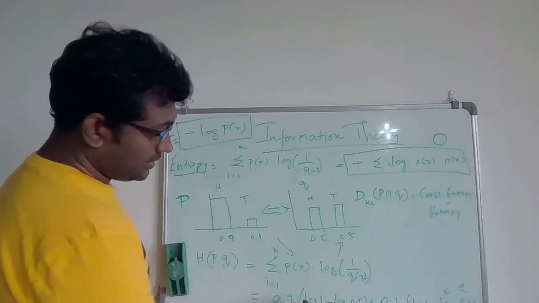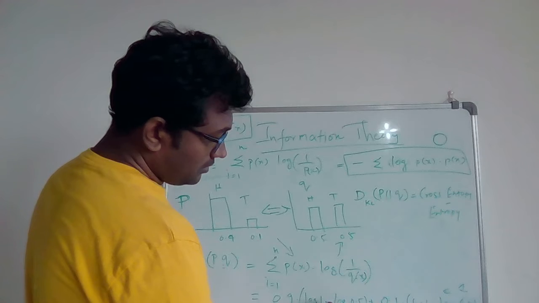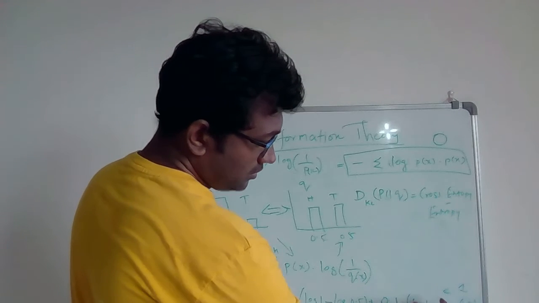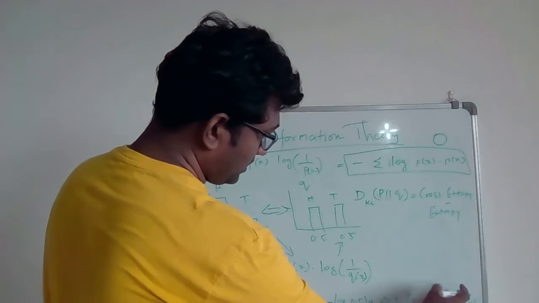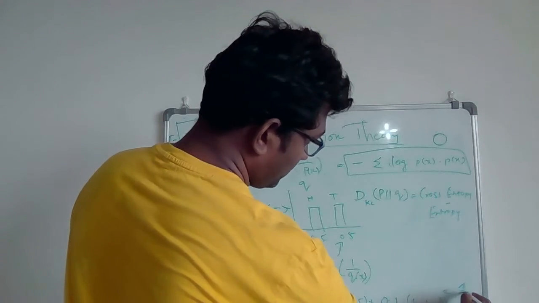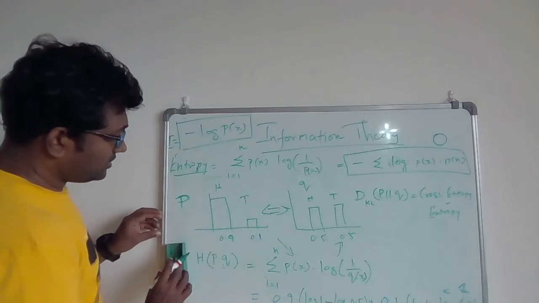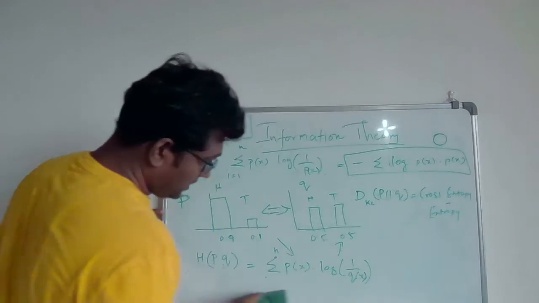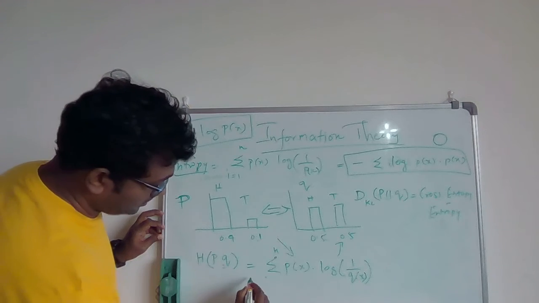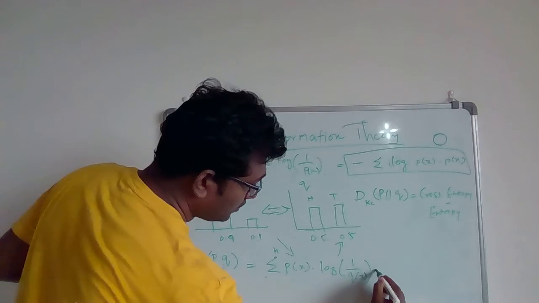So 0.9 into 1 becomes 0.9, and 0.1 into 1 becomes 0.1, and if you sum both, the cross entropy is 1. Okay, so I'm going to erase this. The cross entropy for these two is equal to 1.